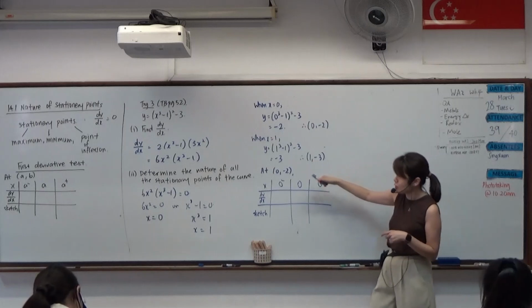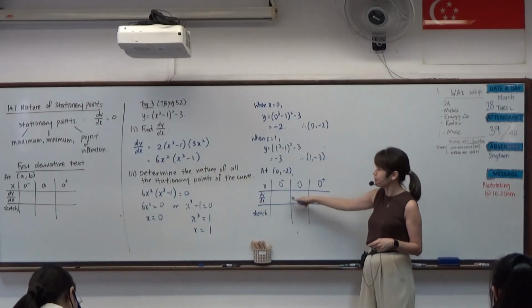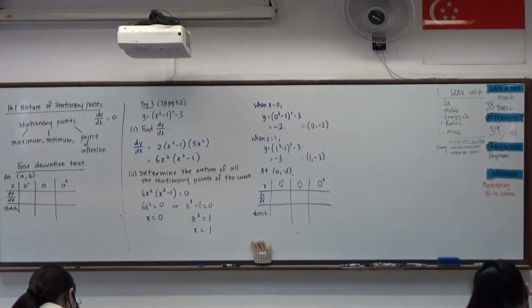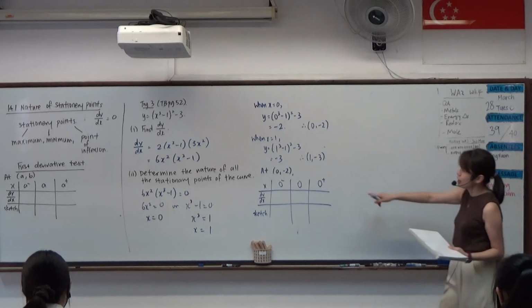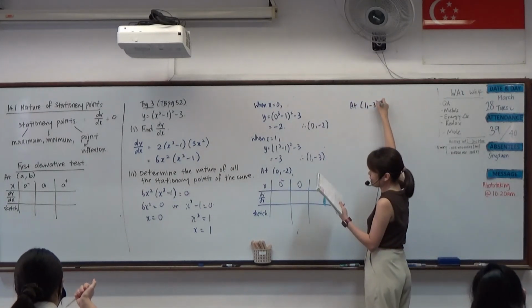Then we substitute it into your dy over dx to figure out the sign of dy over dx. So could you give that a try now, for the point (0, -2) as well as the point (1, -3)?